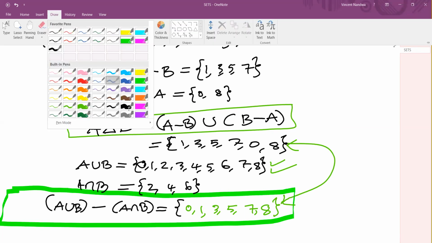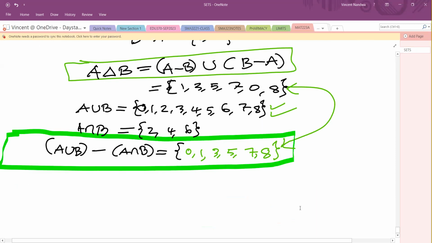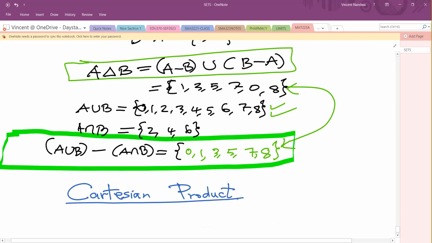Okay? Then next one is what we call Cartesian product. Let A and B be two sets.